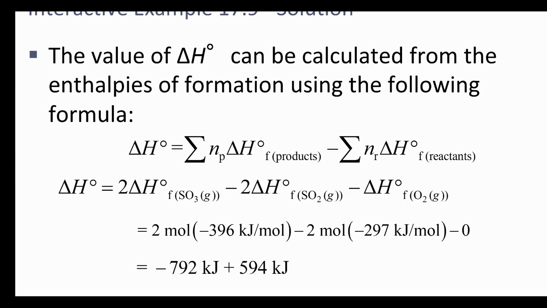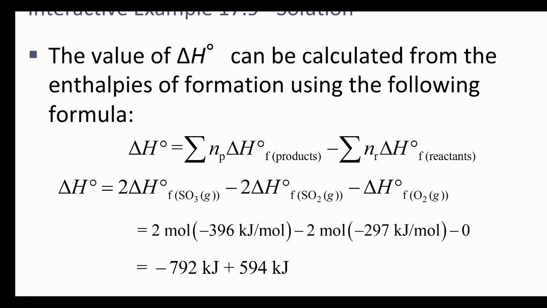So for the enthalpy, we take 2 times the enthalpy of formation of SO3 minus 2 times the enthalpy of formation of SO2 minus 0. The way your book does this is a little different than I like to do it, which is they distribute the negative sign.